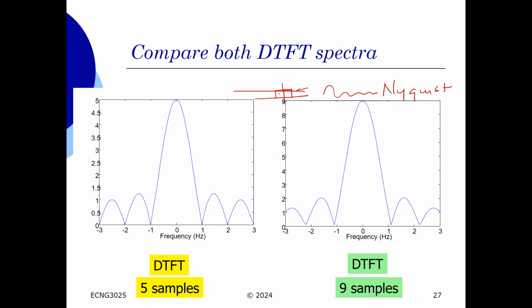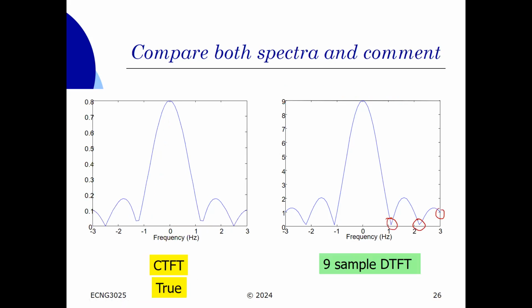It's part of the world of signal processing that at some point in time, you will always still be dealing with an approximation. But clearly, just by going from 5 to 9 samples, I've already started to get to this situation where, let me put back the real one, right?